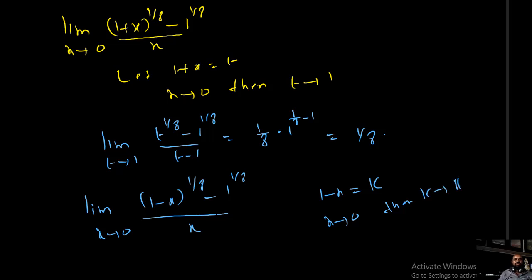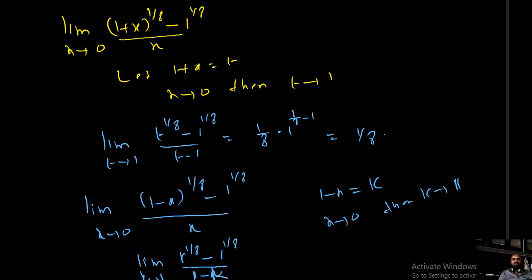Okay, now I want to change the problem. So limiting value of k power 1 by 8 minus 1 power 1 by 8 by, instead of x, I can write 1 minus k, where k tending to 1.